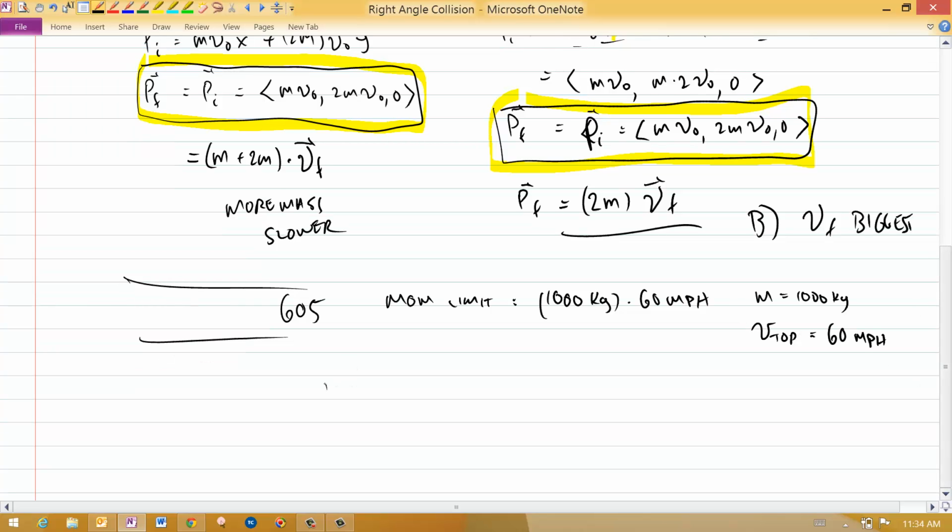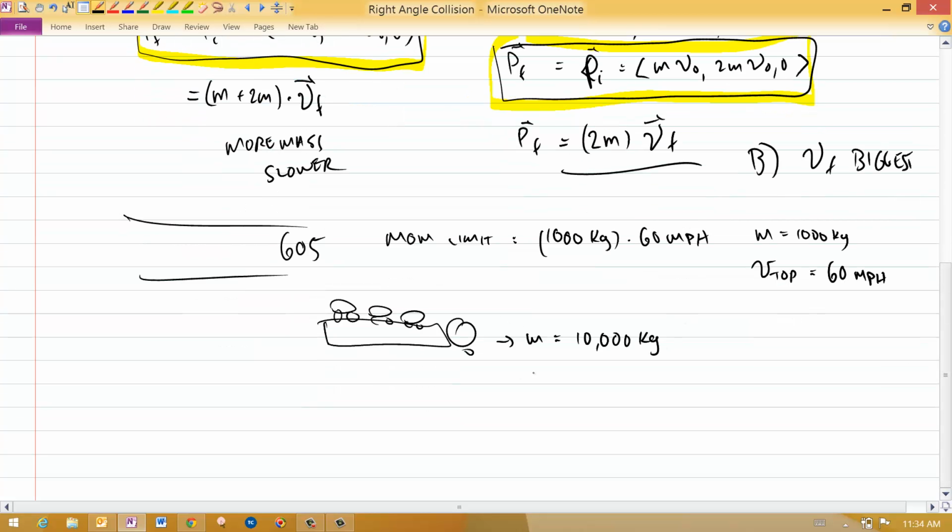If I had a car carrier, here is a flatbed with a bunch of cars on top of that, and here's the truck carrying it, and let's say that its mass is 10,000 kilograms. I still have its momentum limit is 1,000 kilograms times 60 miles per hour, and that is equal to its mass, this 10,000 kilograms, times its v top.